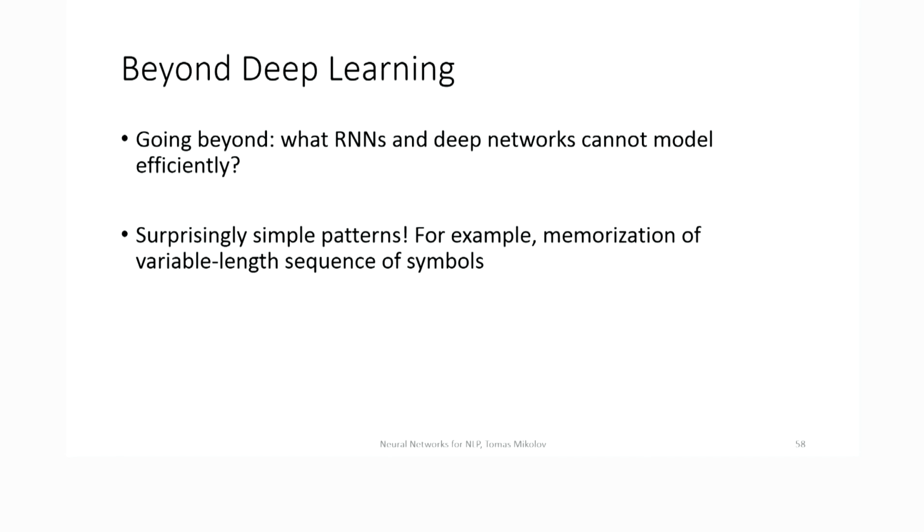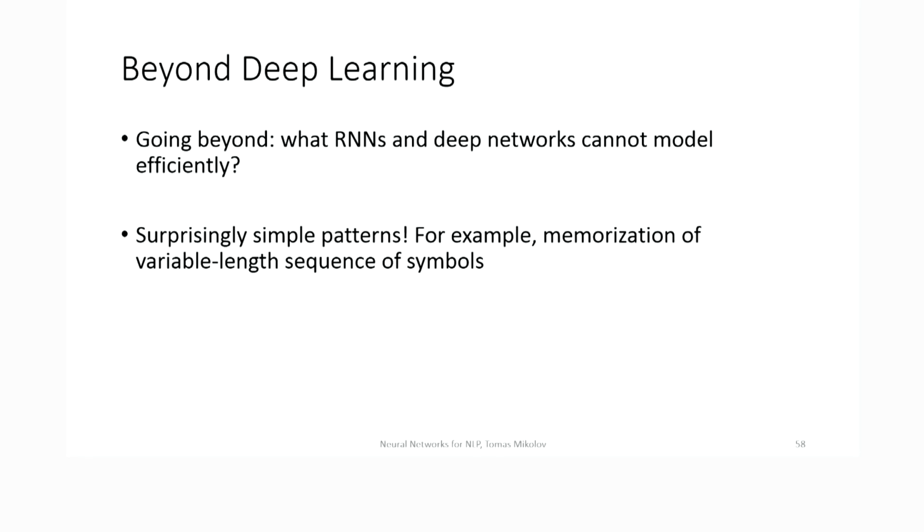So what is the next step? What can we do to achieve some sort of language understanding in computers? Actually, it may be surprising to some people, but it's very easy to come up with simple patterns that normally occur in language, and that cannot be efficiently learned by recurrent networks.